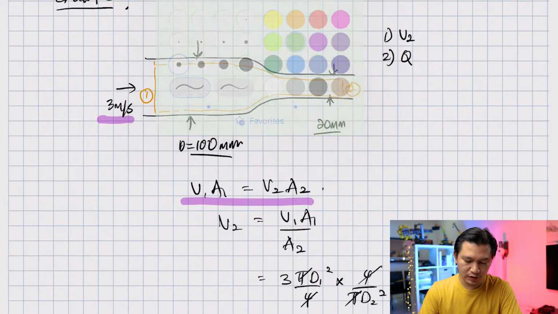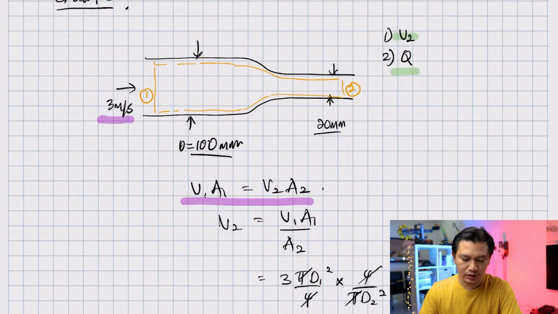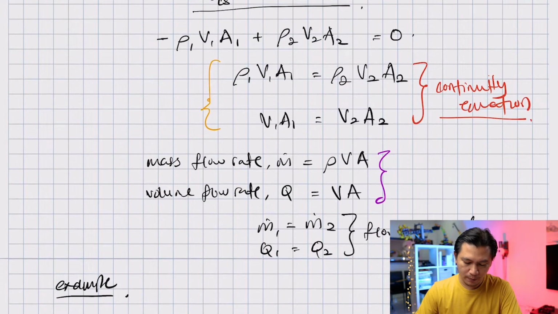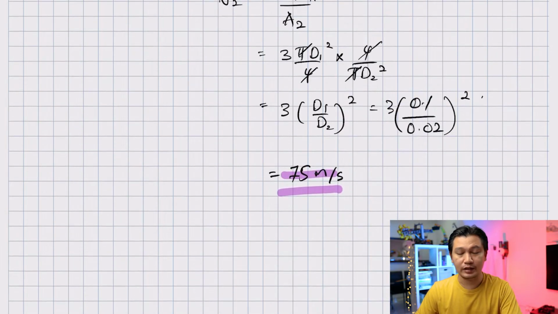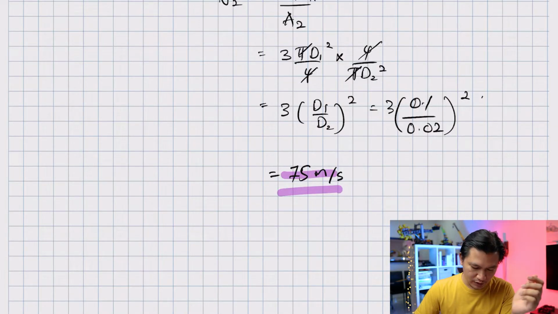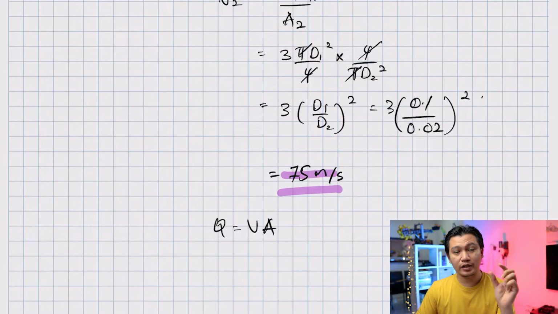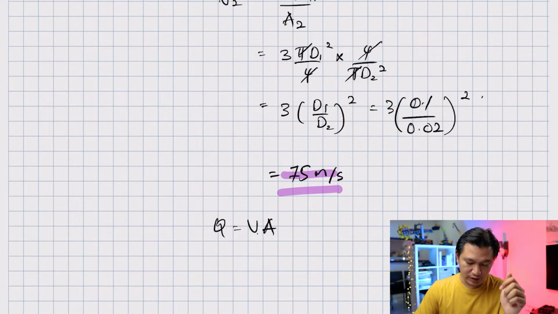So V2 is completed, and now let's find out what Q is. Q is simply velocity times area, and Q1 is equal to Q2. Q2 cannot be different than Q1 if the flow is steady. So it doesn't matter whether you take velocity and area at point 1 or velocity and area at point 2, because it's always the same.